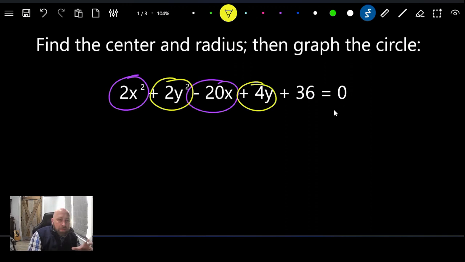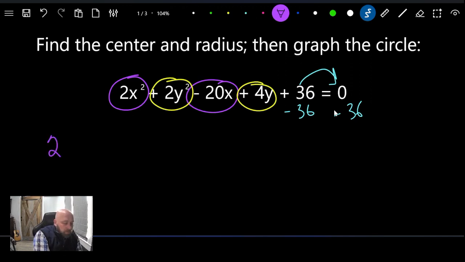Now, the way that I'm going to do this is I'm going to move this 36 over to the other side. I'm going to subtract 36, and I'll get negative 36 over on that side. And then I'm just going to move these pieces to fit in. So I will have 2x squared minus 20x. That's going to be my x piece of this equation.